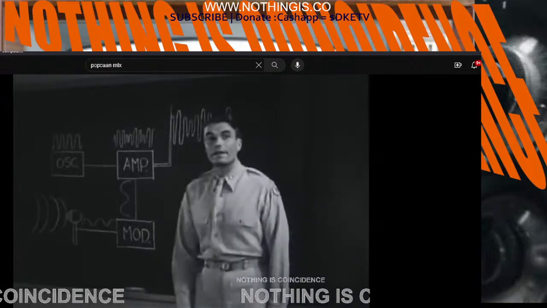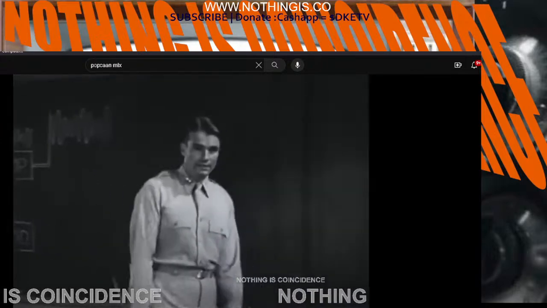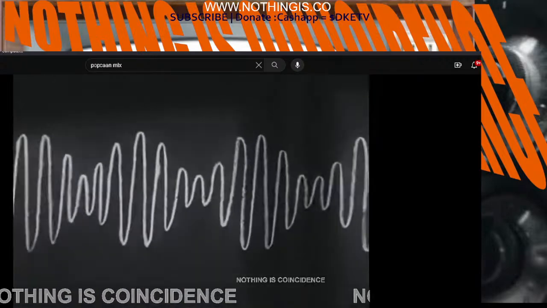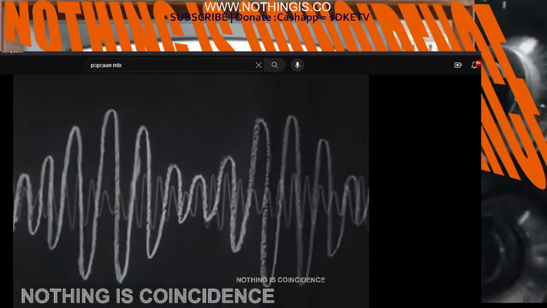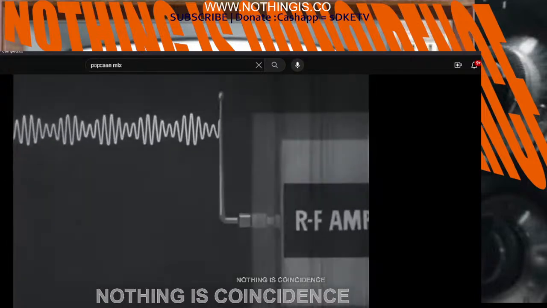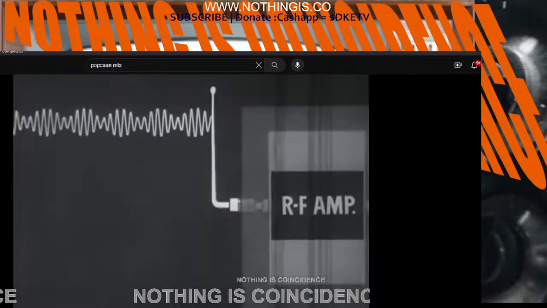Now, what happens in an AM receiver? First, let's take the AM wave as it approaches the antenna of our receiver. The AM receiver picks up the waves. First, it amplifies them, this way.